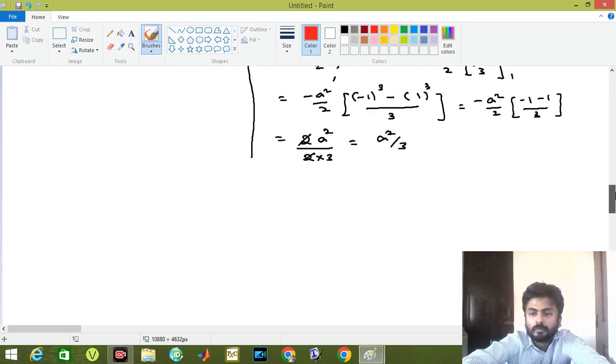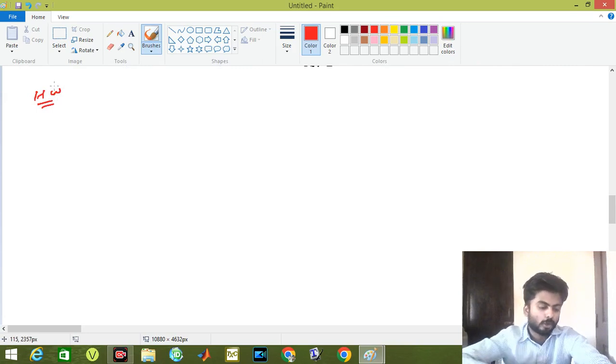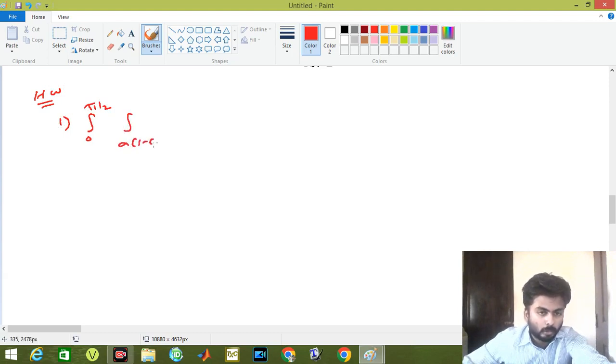Now, today's homework. The first thing is evaluate integral 0 to pi by 2, integral a into 1 minus cos theta to a, r square dr d theta.